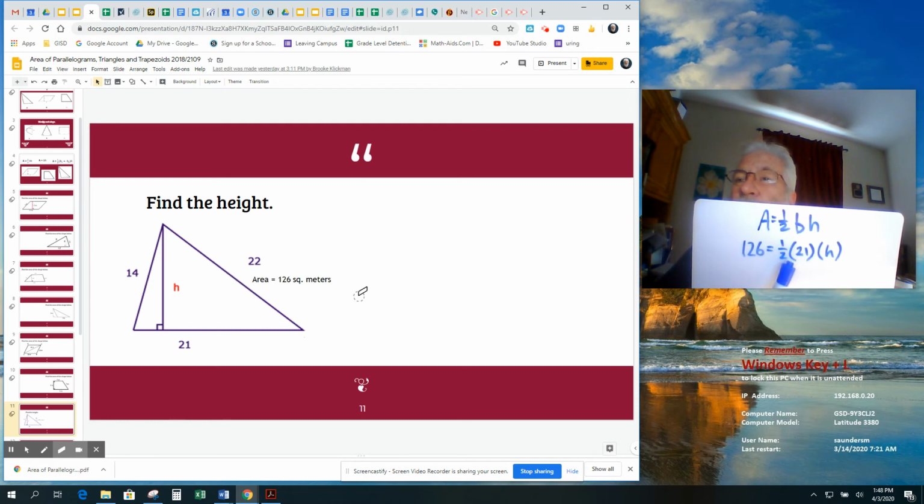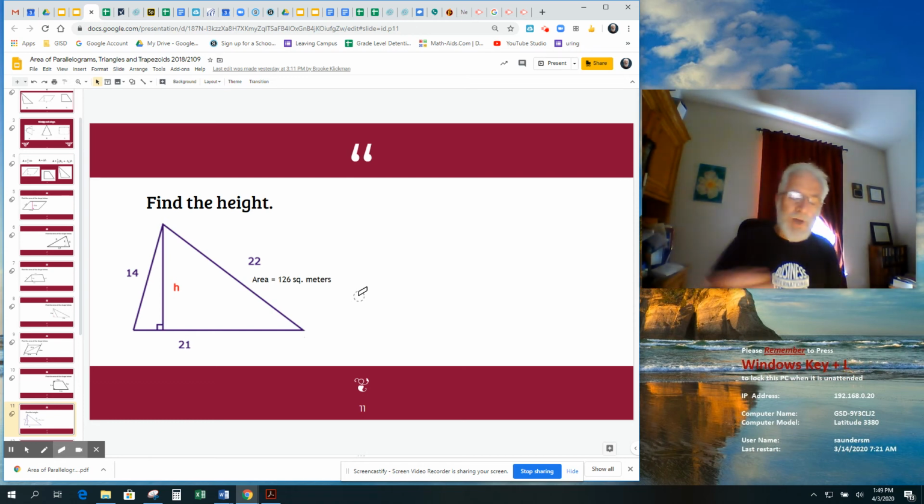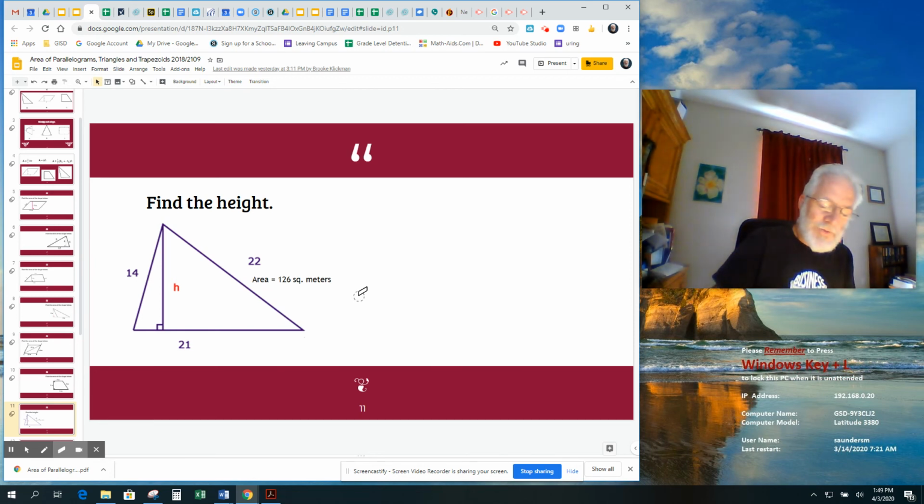So the opposite of dividing by 2 is multiplying by 2. So I'm going to multiply both sides by 2. So I'll cut it in half, and I'm going to multiply both sides times 2.